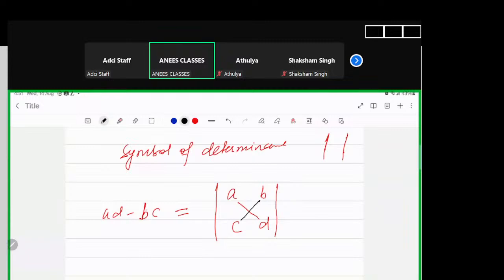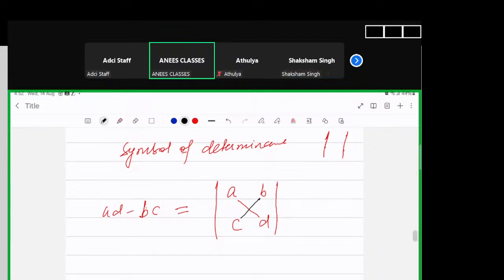Then BC will be cross multiplied. Right? Any problem?